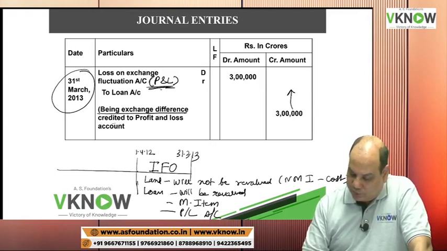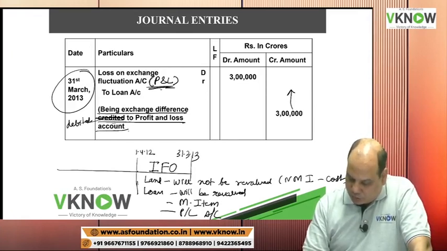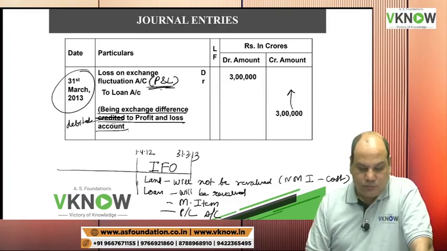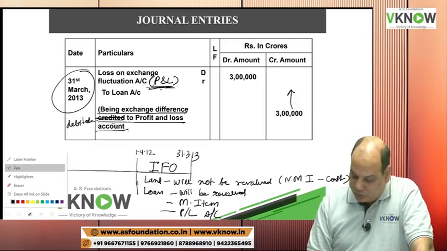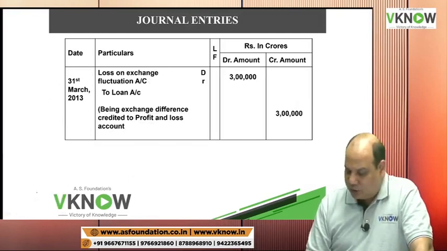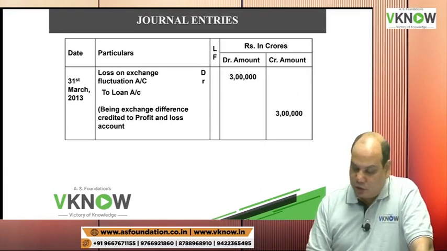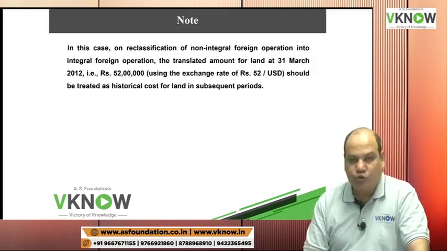Being exchange difference debited to P&L account. Okay, once it becomes EFO, we are going to transfer the difference to P&L account. Land will not be revalued. This answer is over.